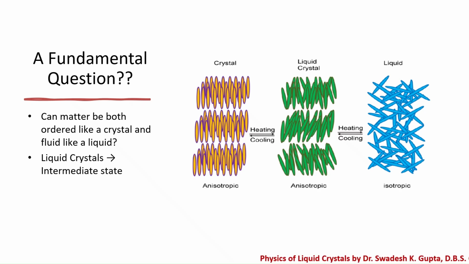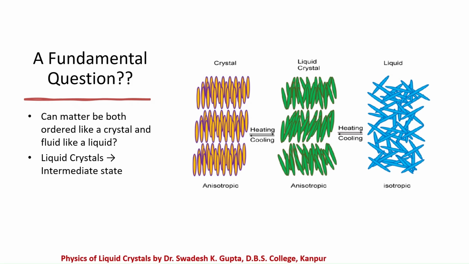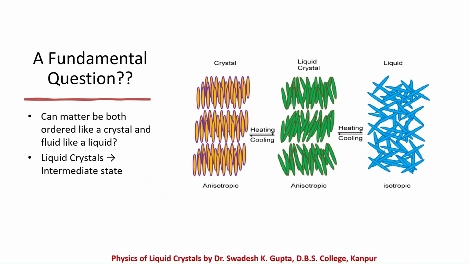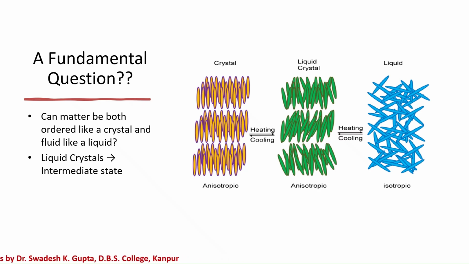In a crystal the molecules are packed in some fashion and are aligned in a single direction. When you heat this crystal, the alignment of these molecules starts getting disturbed, and when you heat further, it becomes liquid and the molecules get randomly oriented.